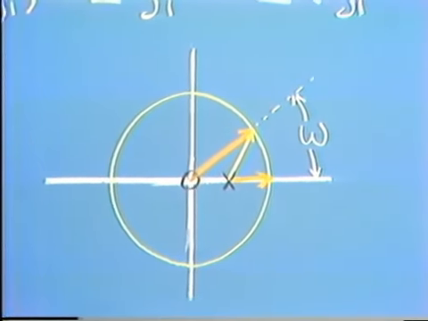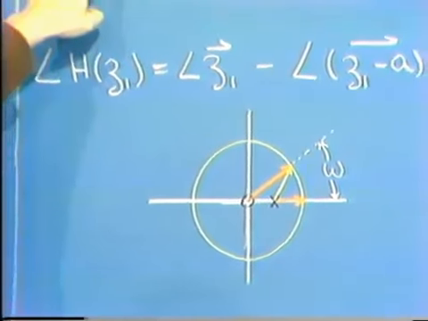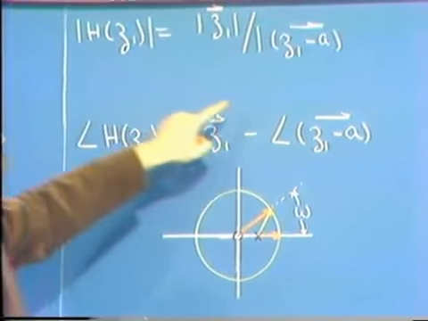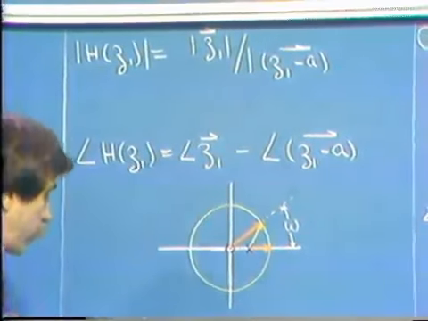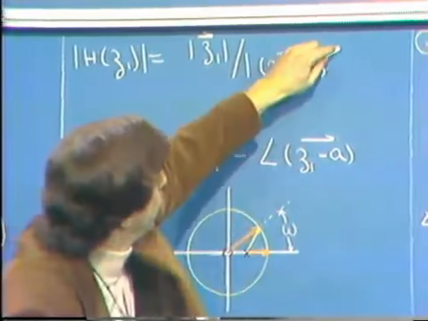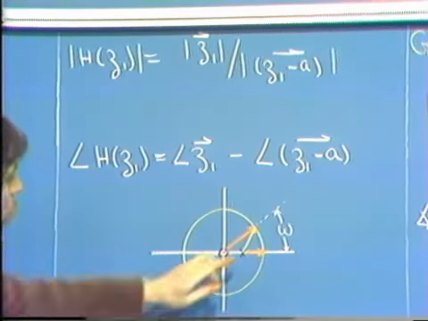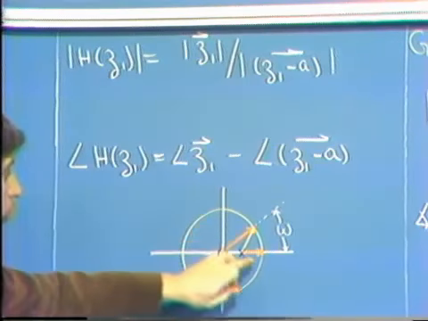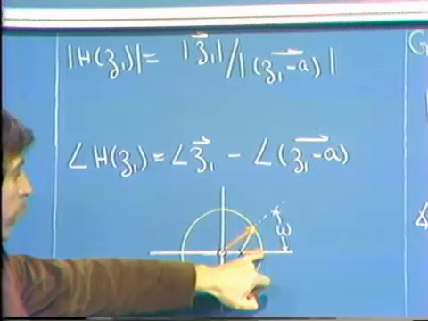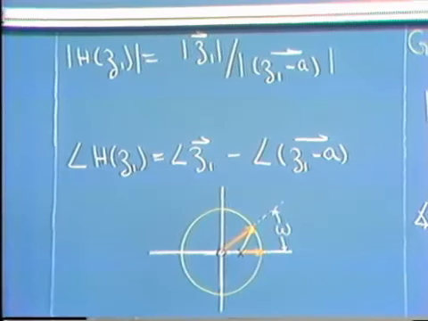Well, what does that mean about the magnitude of the frequency response? It means that the magnitude of the frequency response, this should be the magnitude of that vector, is monotonically decreasing as we sweep from omega equals 0 around to omega equals pi.